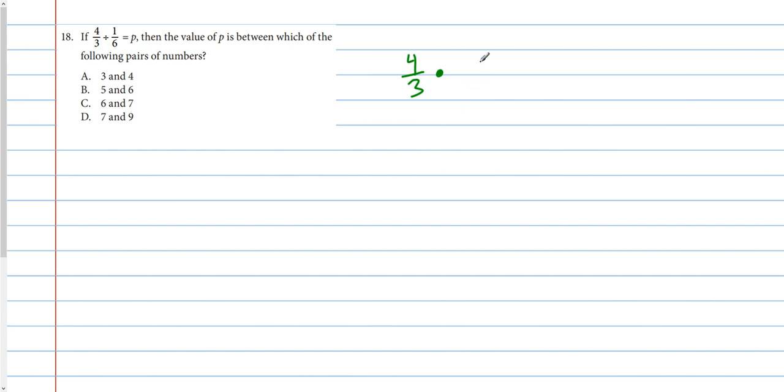Just flip it around. And we get 6 over 1, and we go ahead and multiply. 4 times 6, we get 24, divided by 3, and that would be 8.